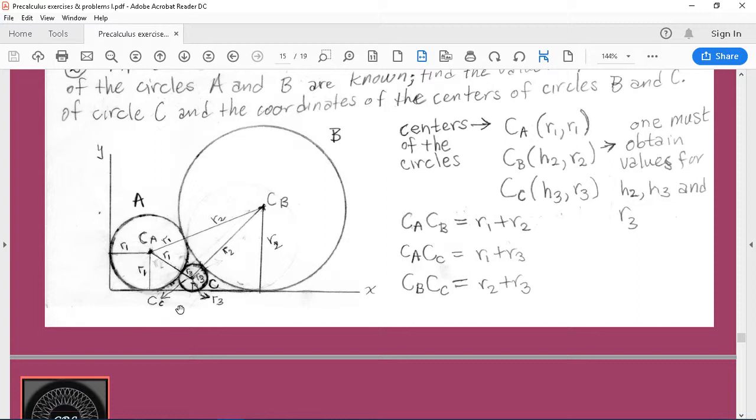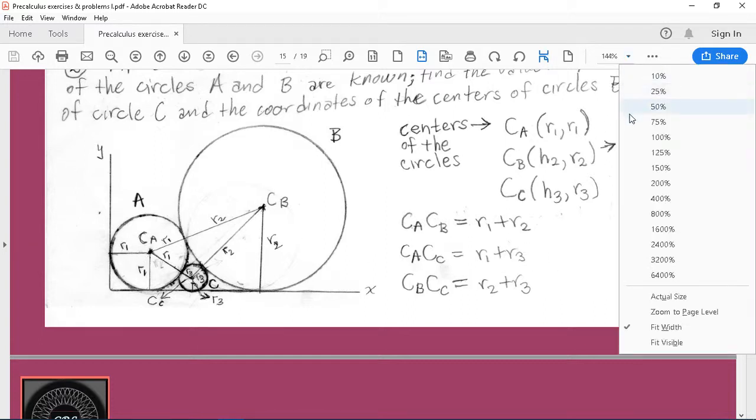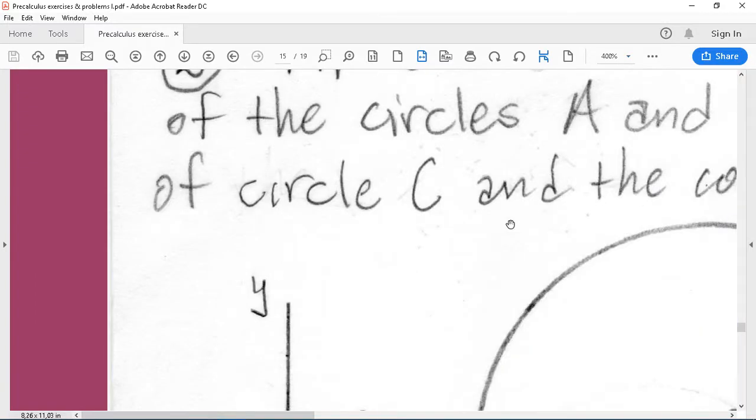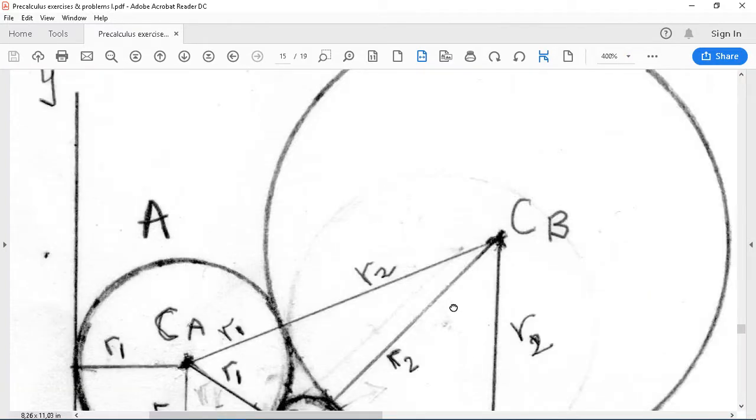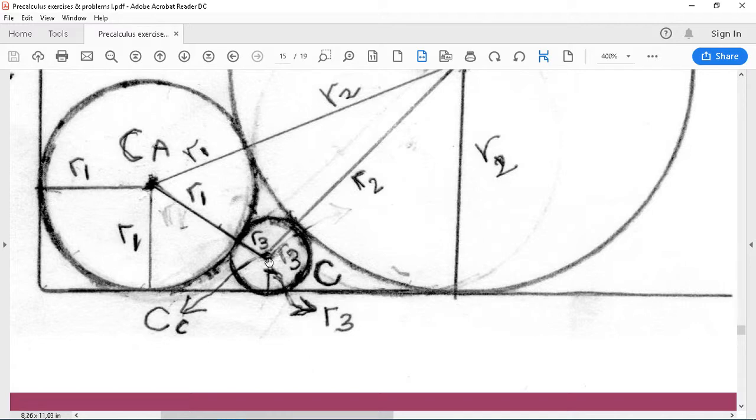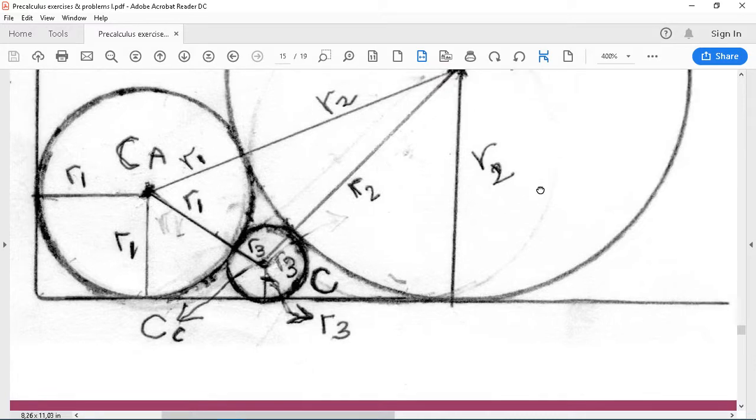CACC, in the same manner, equals R1 plus R3, though it is more difficult to see, but by expanding the size of the page here, we can notice that CACC equals R1 plus R3.